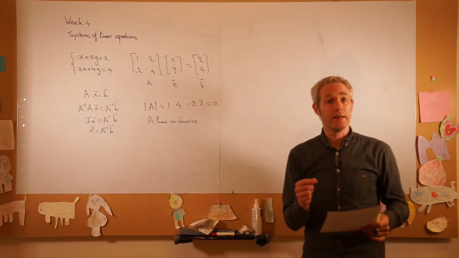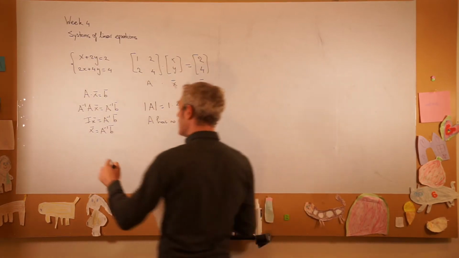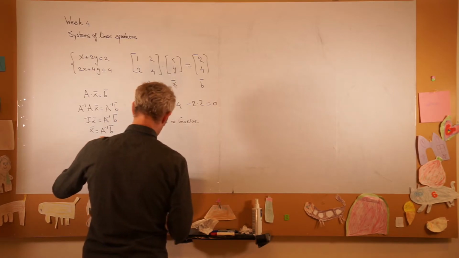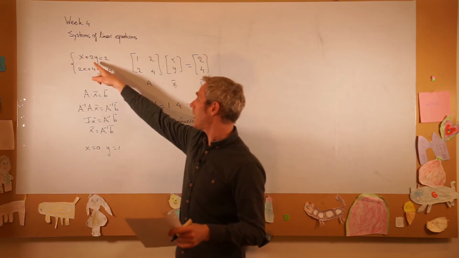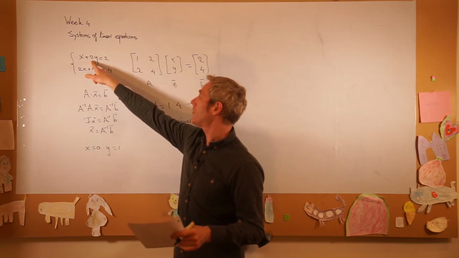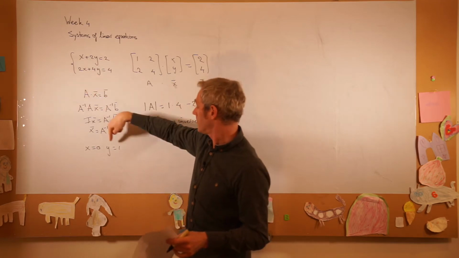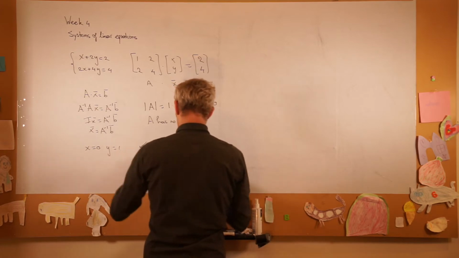This doesn't mean that there aren't any solutions, because let's look at the combination x is equal to 0 and y is equal to 1. Well, if x is 0 and y is 1, we get 0 plus 2 equals 2, and we get 0 plus 4 equals 4. So this is a solution.